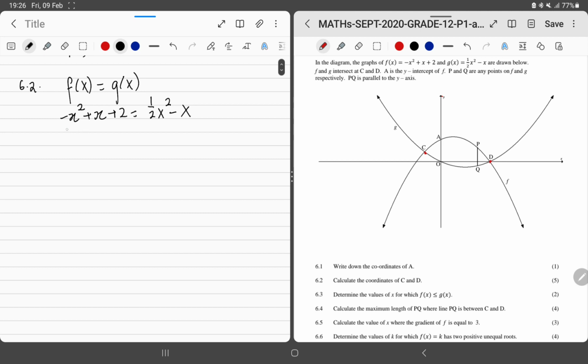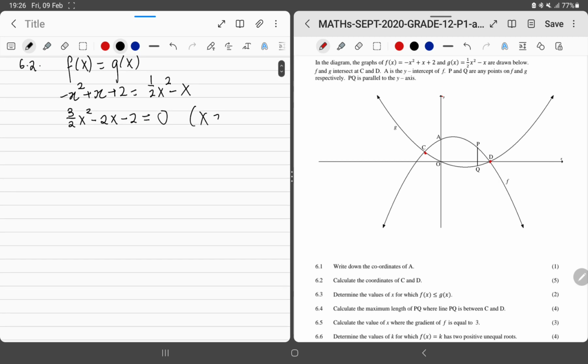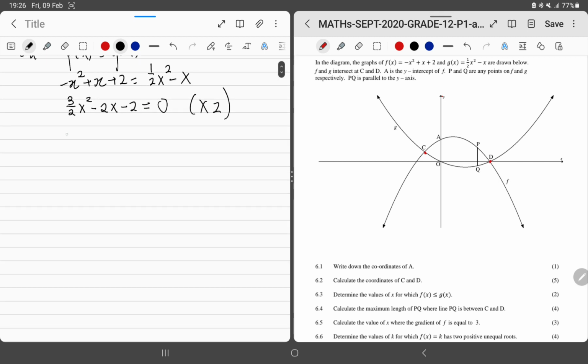And then half plus 1 is going to be 3 over 2 x squared minus 2x minus 2 equals 0. Then I'm just going to multiply by 2. This is 3x squared minus 4x minus 4 equals 0.